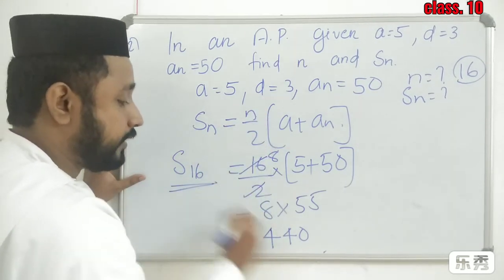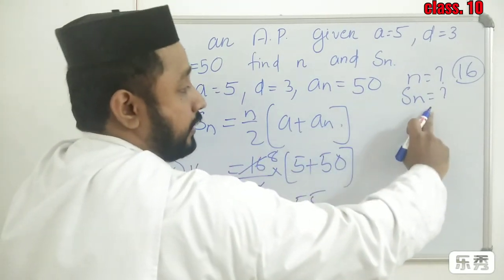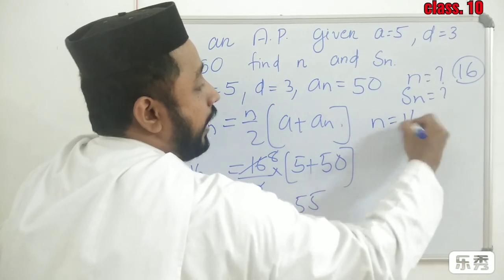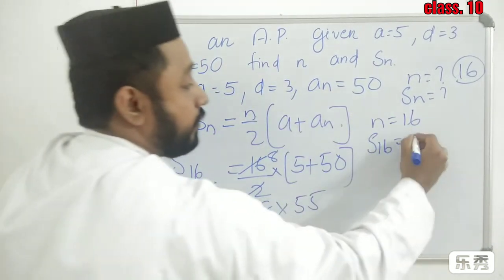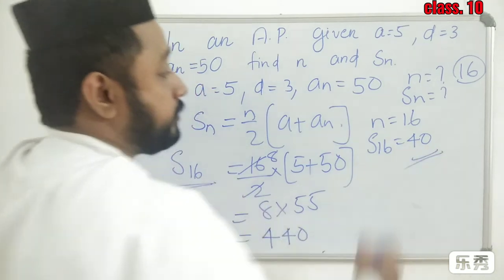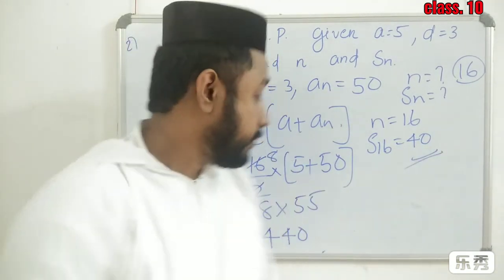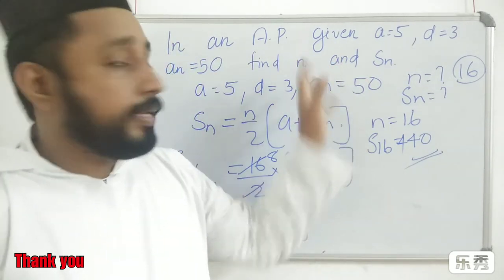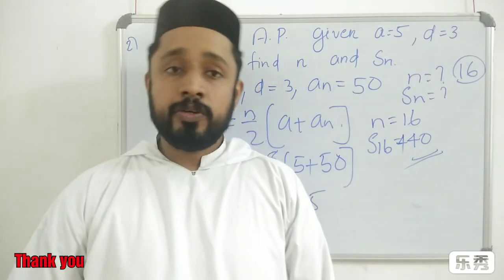So S16 is equal to 440. So we found the value of n as well as Sn. That is n is equal to 16 and S16 is equal to 440.